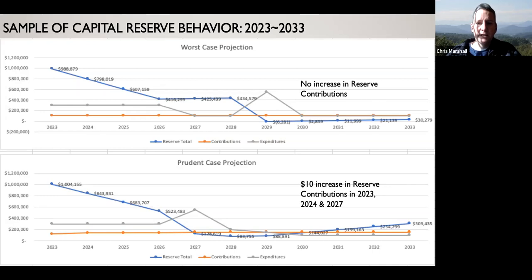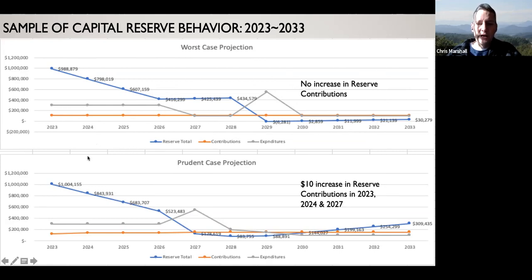So I plugged that in at this level, and you can see that our capital reserve account actually goes slightly negative at that point, and it takes a long time for us to recover at that level. And we may want to consider how to handle that. Clearly, in my mind's eye, it doesn't seem like a great path of recovery.